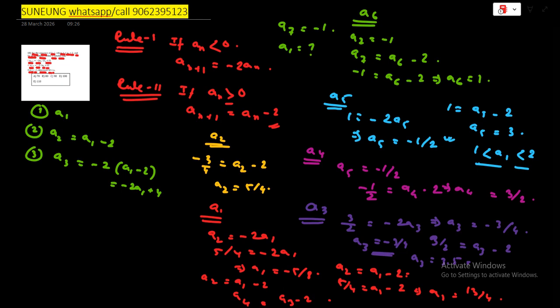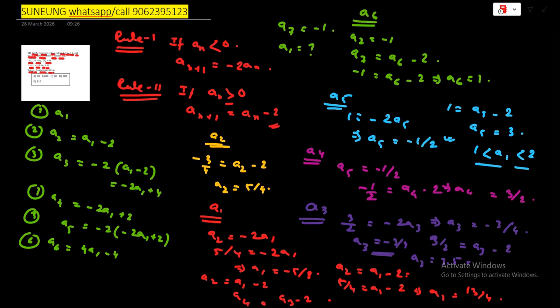So a_4 is minus 2a_1 plus 2. But wait, if a_1 is greater than 1, then 2a_1 is greater than 2, so it's negative. Now come to a_5. a_5 is what? Minus 2 times (minus 2a_1 plus 2), so that will be positive. And a_6 will be what? 4a_1 minus 4 minus 2.